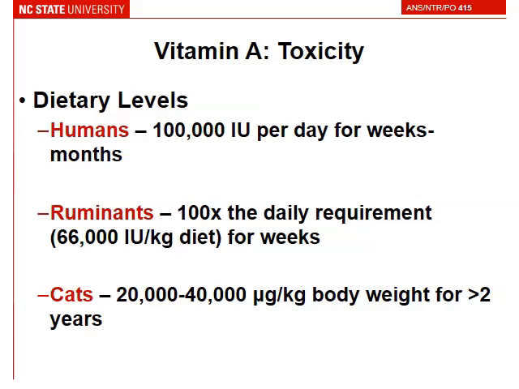Cats, for instance, consuming 20,000 to 40,000 micrograms per kilogram of their body weight for greater than 2 years, so that's a long time, are possibly going to get into toxic levels and see some clinical toxicity signs.